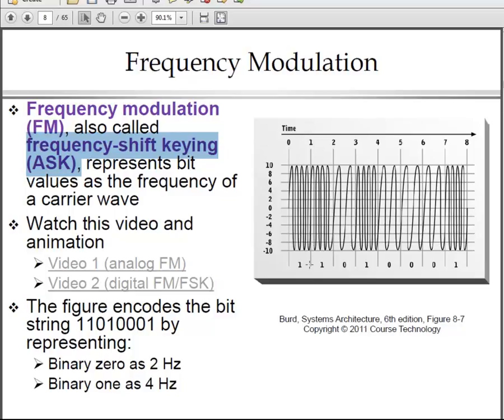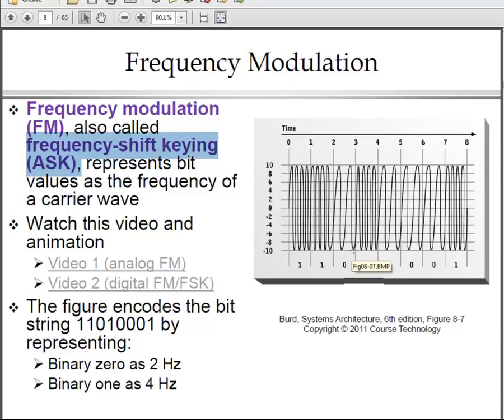So for example, here in this first 1-bit, we've got 1, 2, 3, 4 wave cycles squeezed in there. So that's a 4 hertz frequency. Next bit is also 4 hertz, but then here to represent the 0, we only have 2 peaks and 2 troughs.